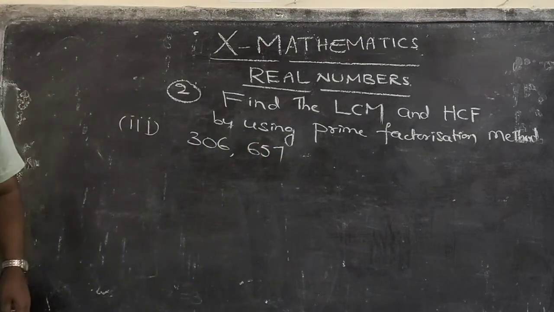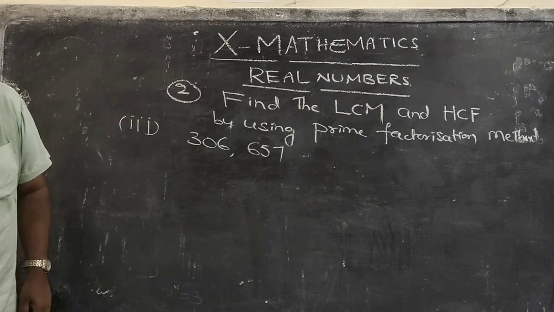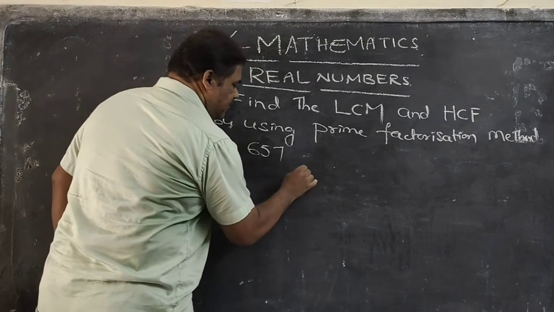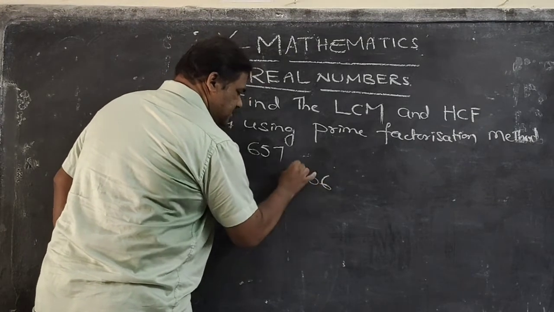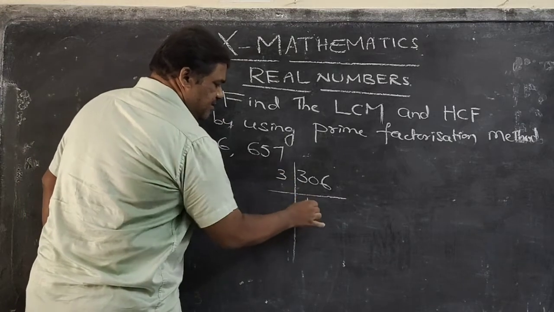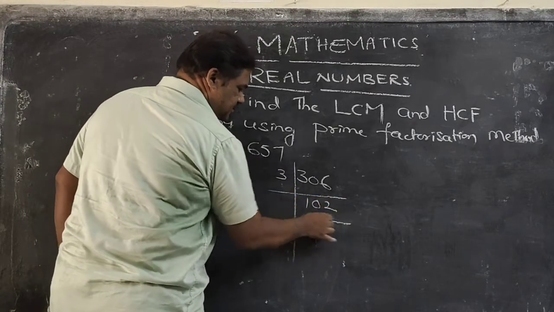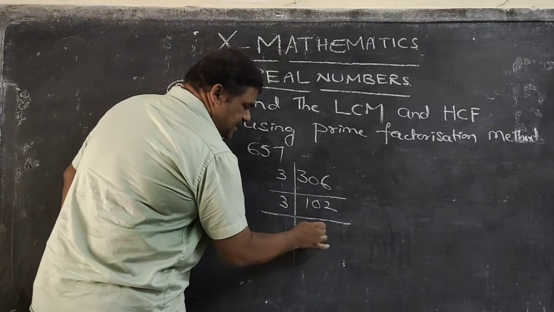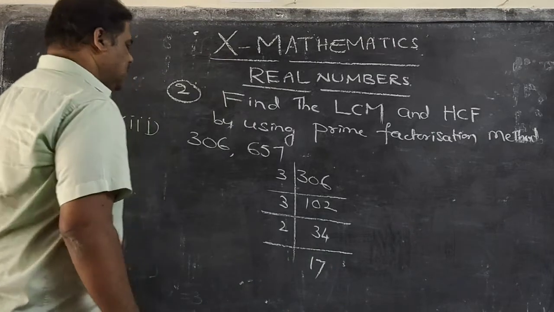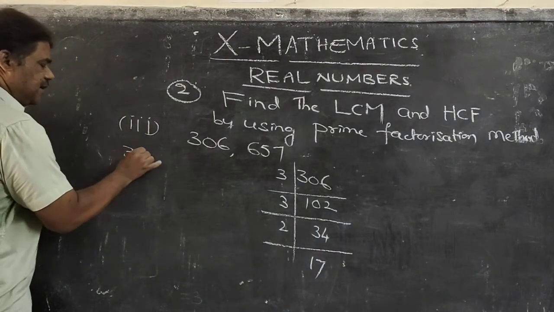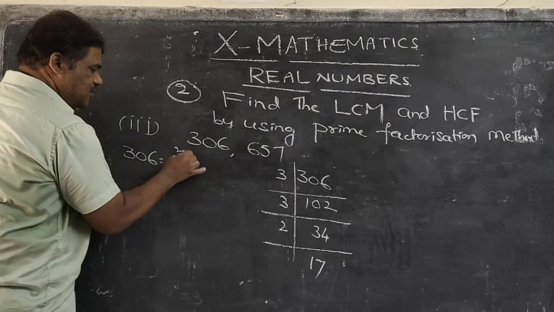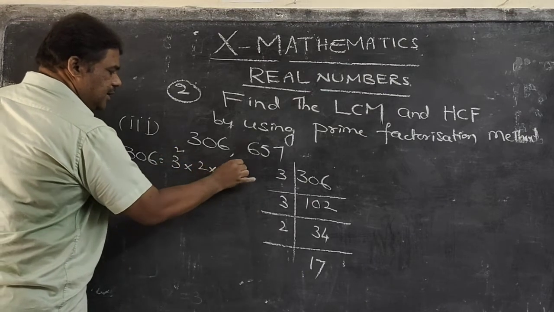Write the next one. 306, 657. Let us take factors of 306. 3 ones are 3, 3 twos are 6, 3 threes are 9, 3 fours are 12, 2 17s are 34. So the factors of 306 are 3 we got 2 times, so it is 3 square into 2 into 17.